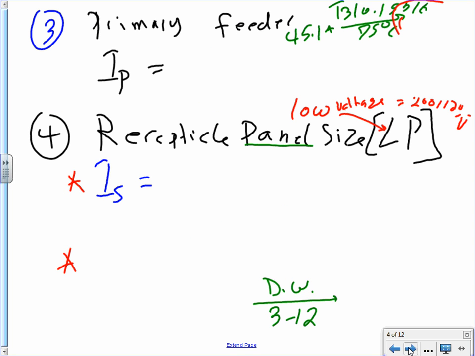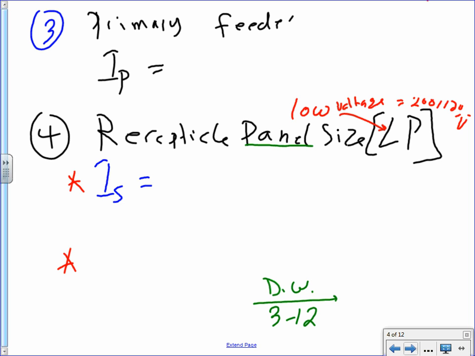Now let's go find the primary feeder. We need to size my primary feeder, number 3. Everybody knows what number 3 is? That's the feeder that's coming out of the transformer.